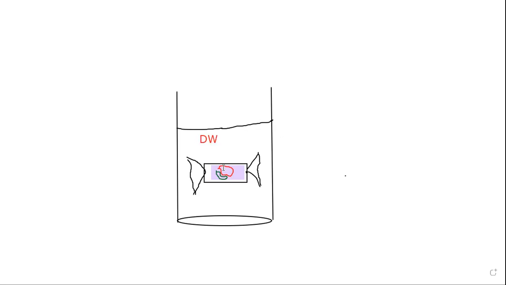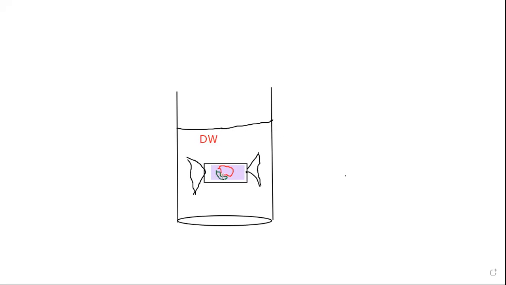Okay, I told you that there is a continuous association and dissociation of these molecules. They are not permanently bound, and therefore whenever there is a dissociation, you can imagine that there is a high concentration of free ligand molecules.